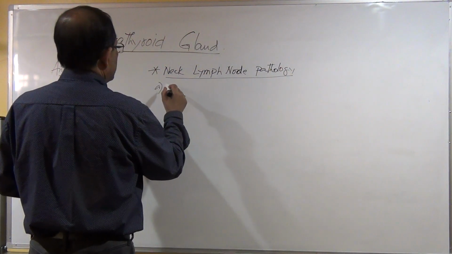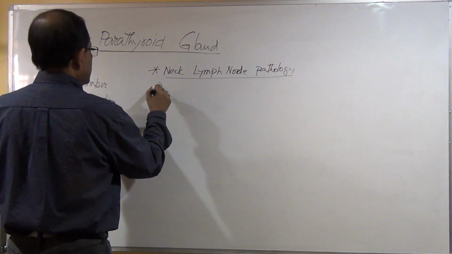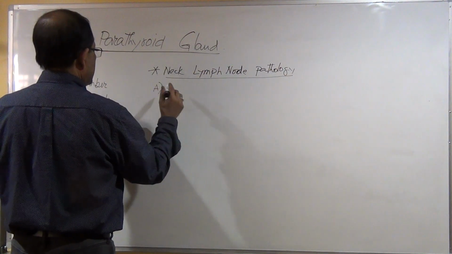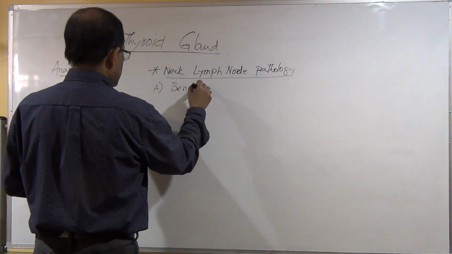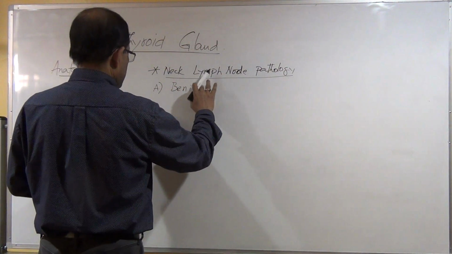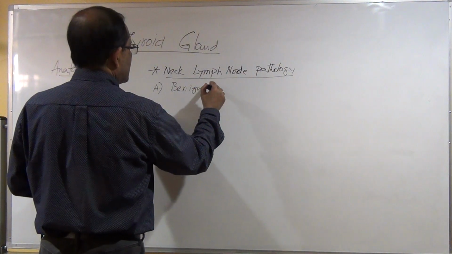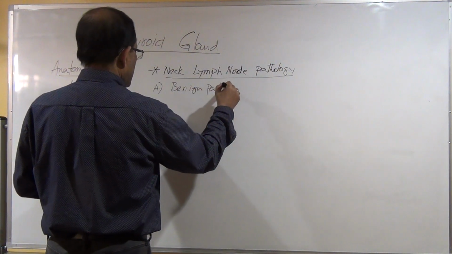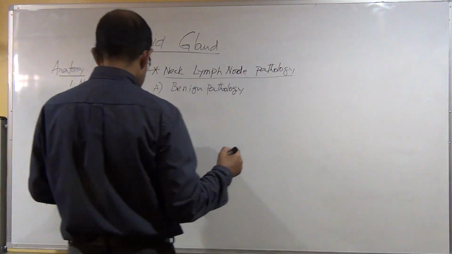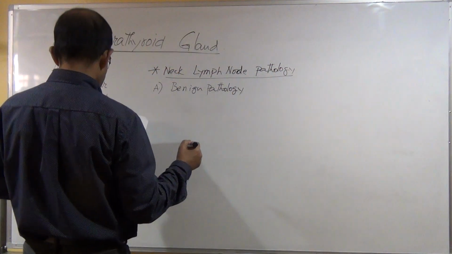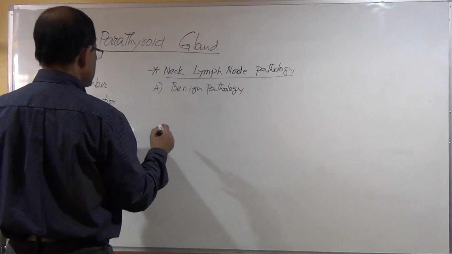Let me give the big heading: A is benign pathology, and B is metastatic pathology.